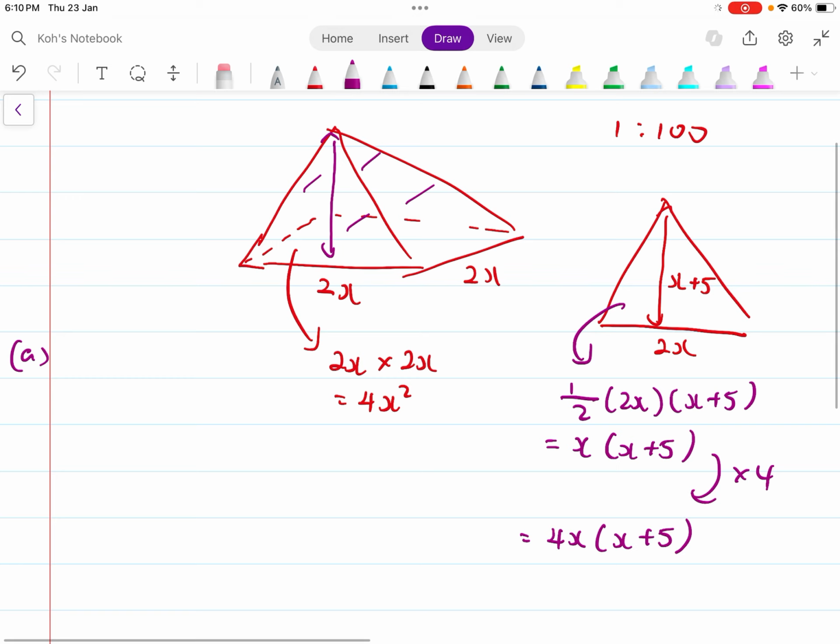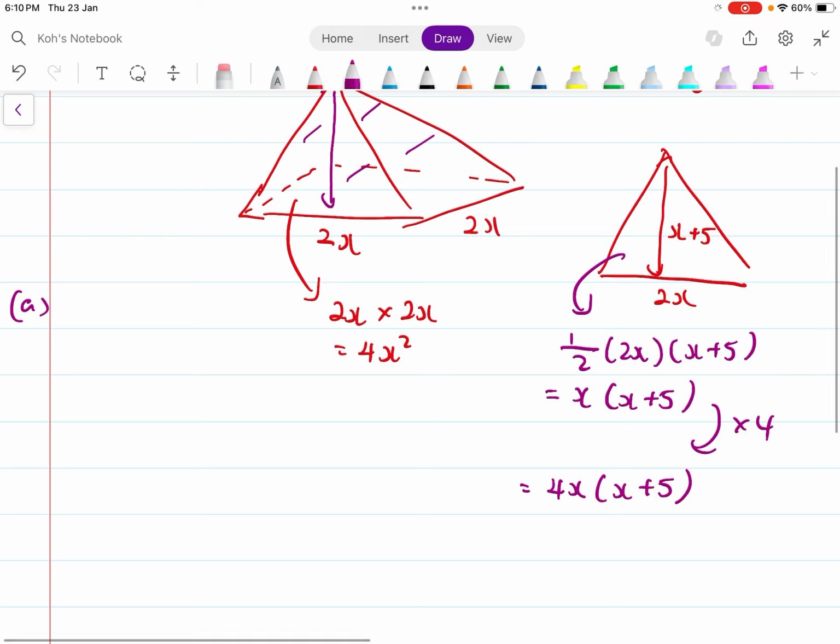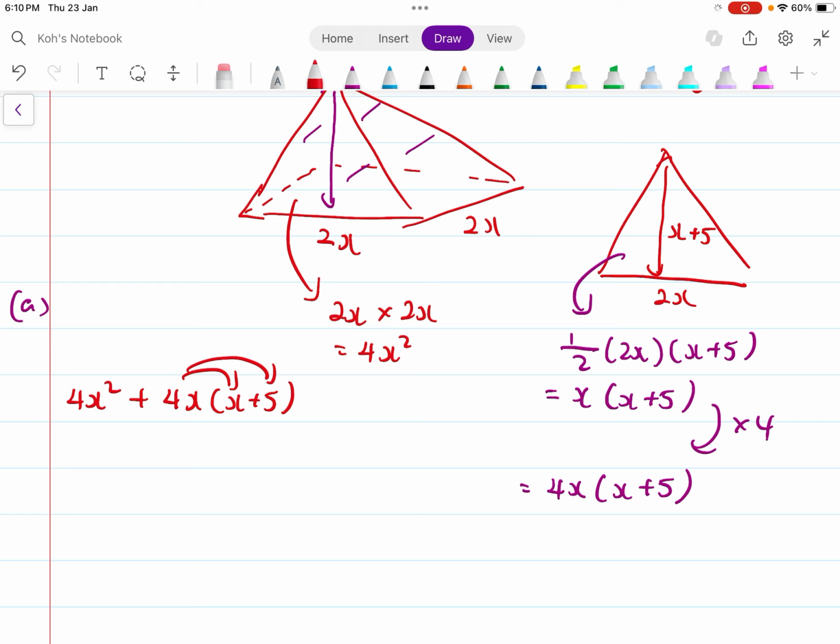Then you just add up, so the total surface area will be 4x squared plus 4x(x plus 5). Then you simplify a bit. This will give you 4x squared plus 4x squared plus 20x, which in turn gives 8x squared plus 20x. So this is the first part.